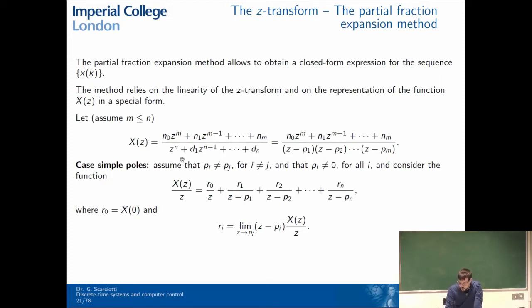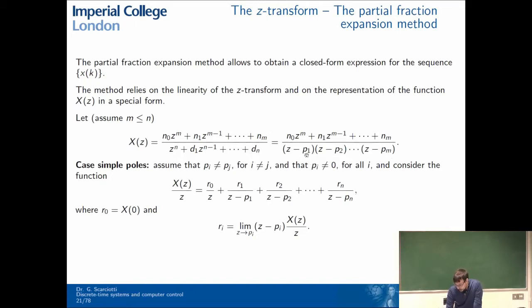So we factorize the denominator into the factors that produce it. The first case that we see is the case of simple poles. The case of simple poles is the case in which the pole pi is different from the pole pj. So all these numbers at the denominator are different.